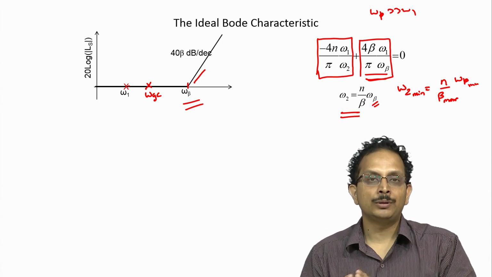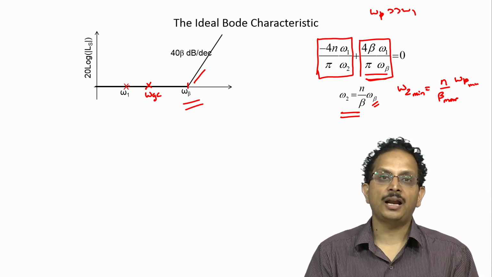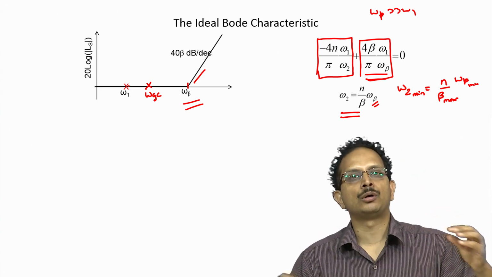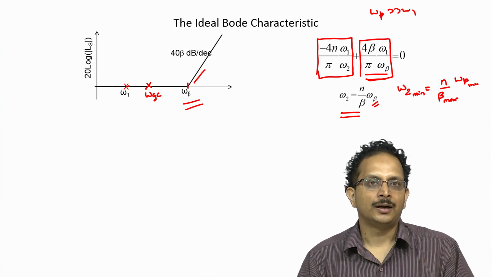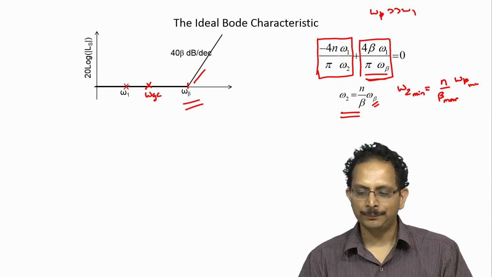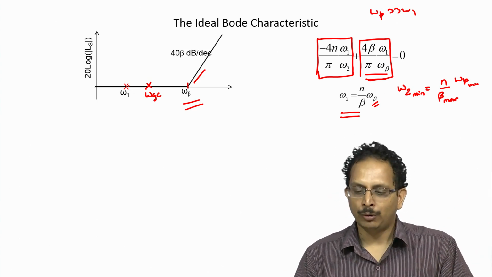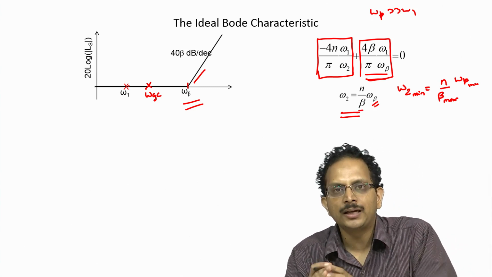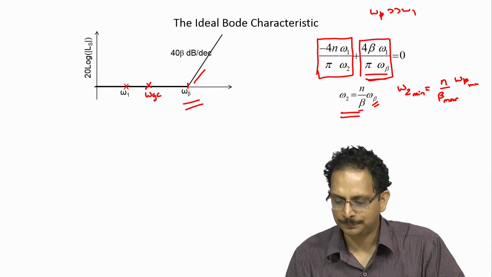Since we want the final characteristics to set in as early as possible, so that we can stop controlling this unnatural roll off of the loop gain beyond the frequency omega gc, we want beta to be as large as possible, and we want omega beta to be as small as possible.